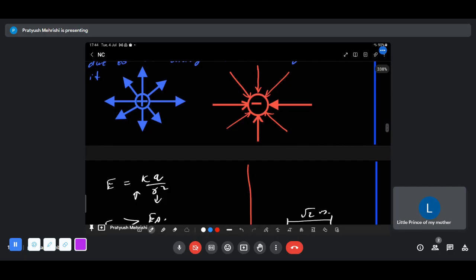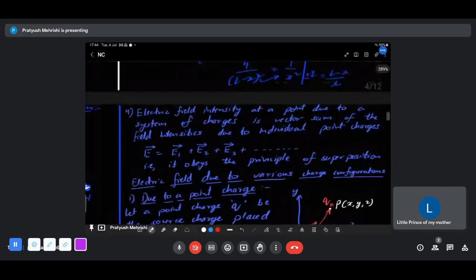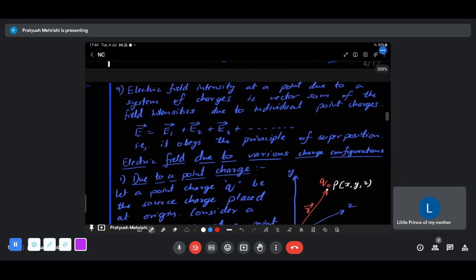Now, fourth: electric field follows the principle of superposition. This is the fourth property. What do we mean by saying that the electric field will always obey the law of superposition?